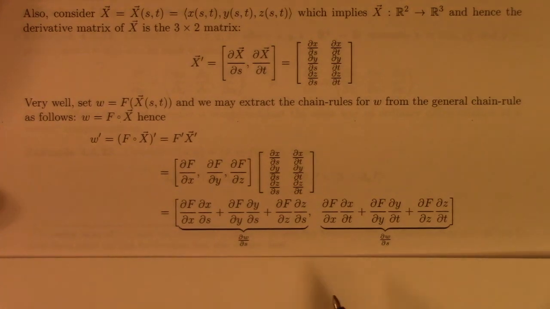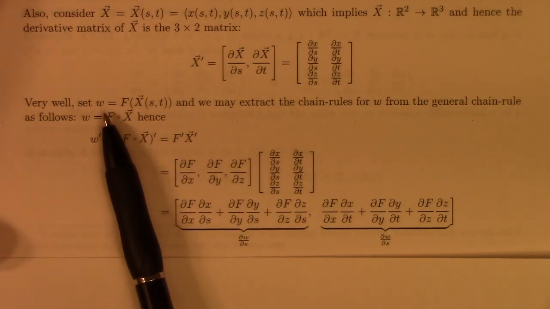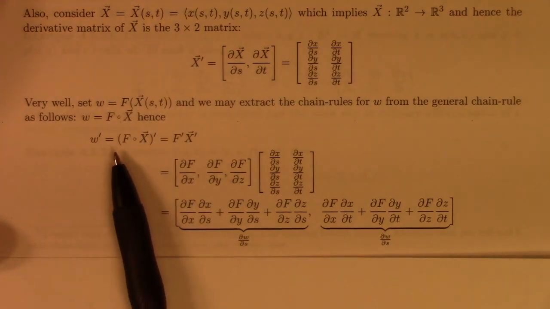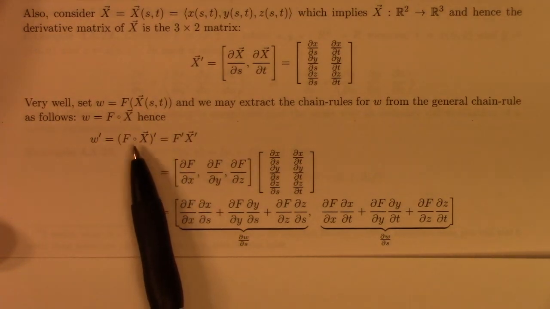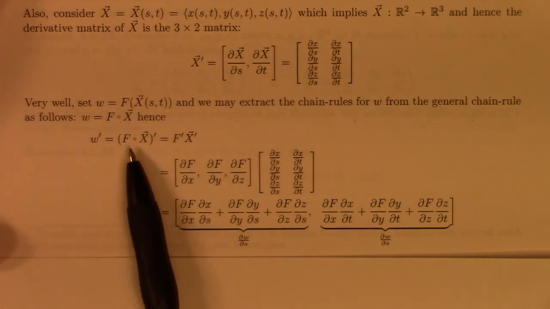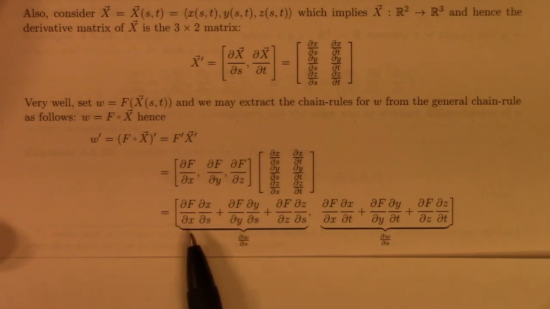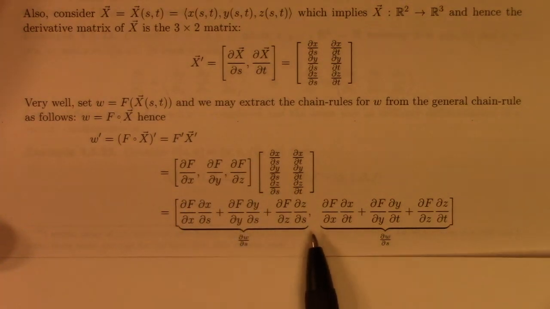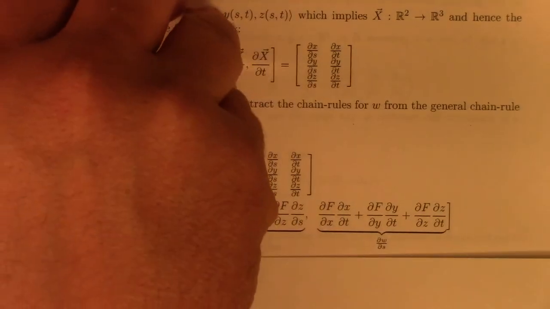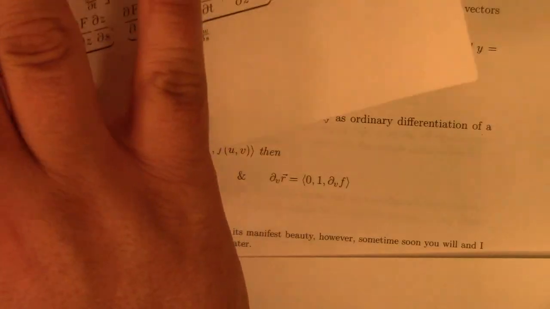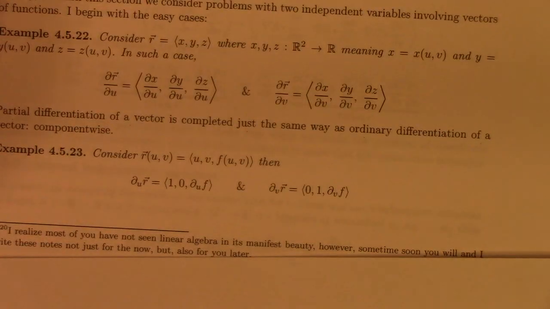For example, if W is f of x of s, t, then the chain rule of advanced calculus says you multiply the Jacobian of f times the Jacobian of x, and when you do that, you get these chain rules that we've been using. So all of these chain rules are really just born of matrix multiplication of the Jacobian. I don't really expect you to derive that or anything.